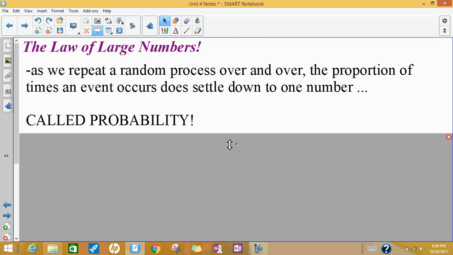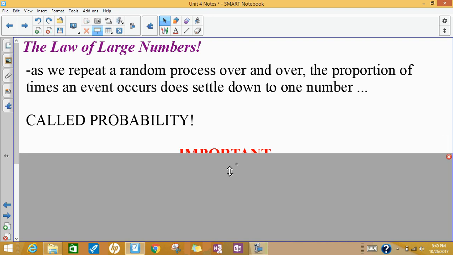And you know that if I flipped a coin 100, 200, 300 times, I would get a tails approximately 50% of the time, and a heads approximately 50% of the time. So this is saying the more we do it, the larger the number of repetitions, the closer we're going to get to the probability of the event.